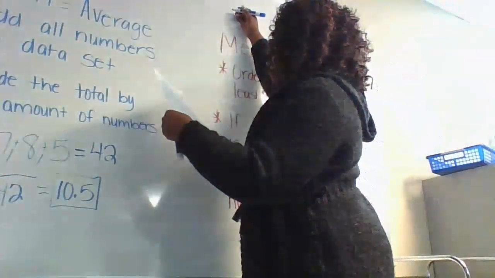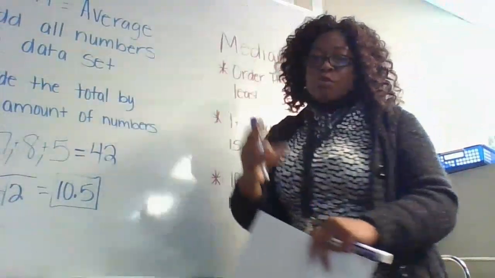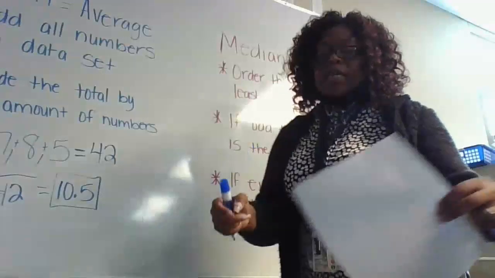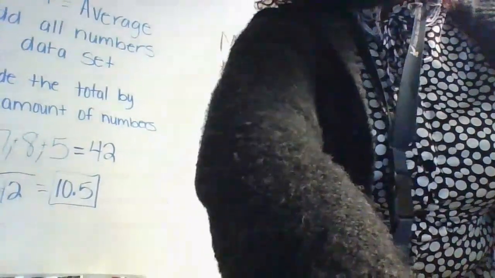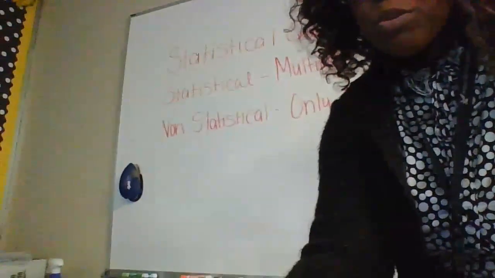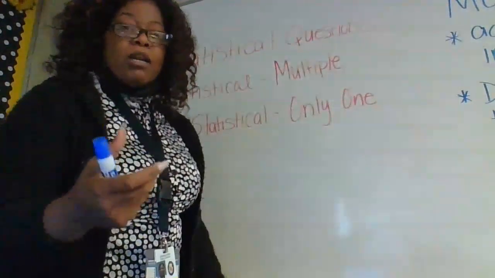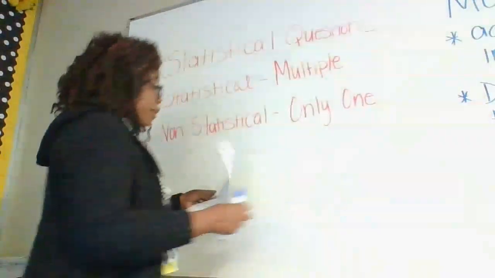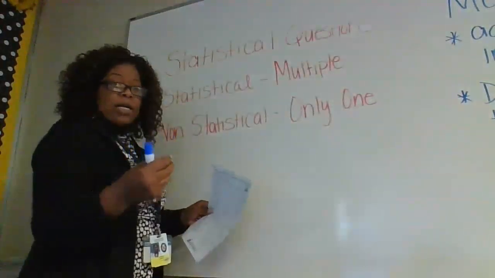We're going to do two examples because I want you to really be able to understand it. With the median, again, we are looking for the center or the middle. The way we do that is we take our data set.